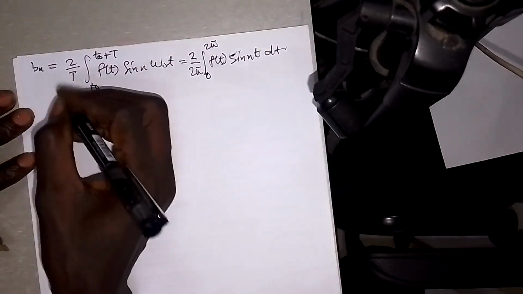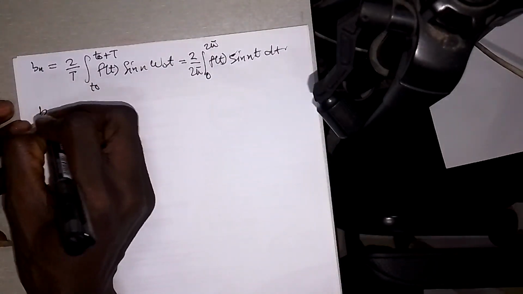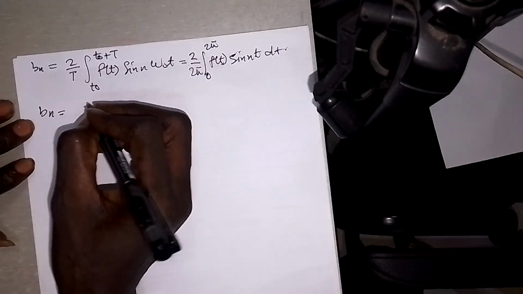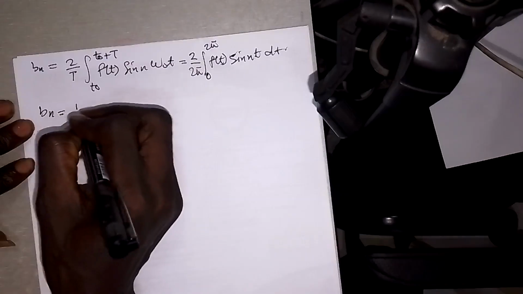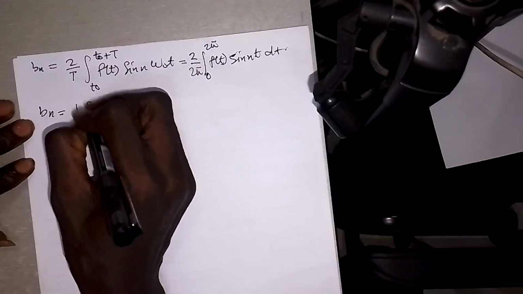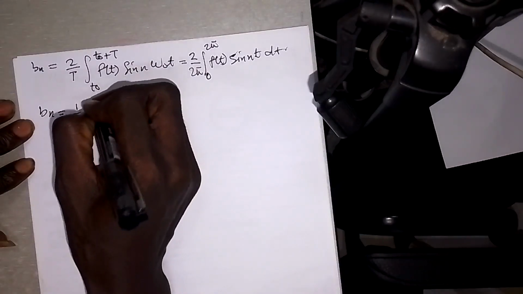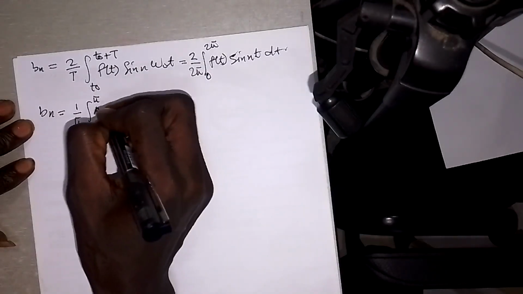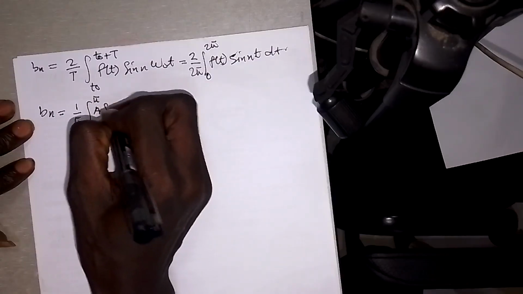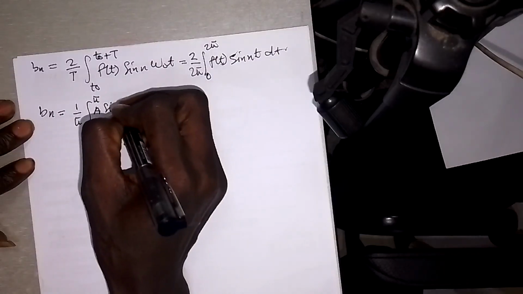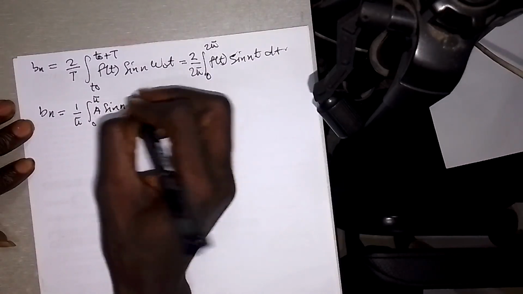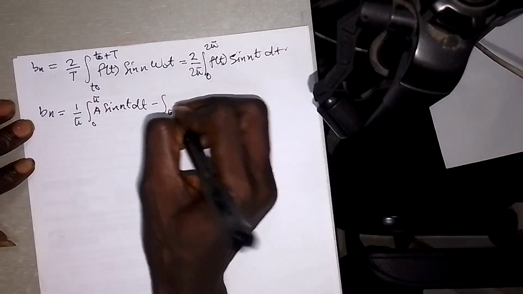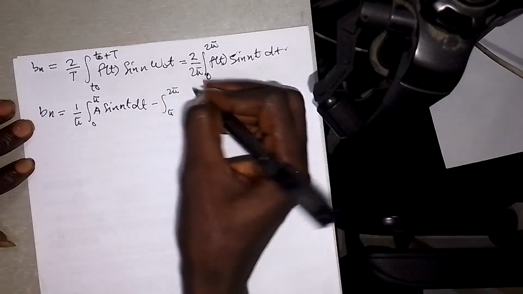Alright, so now from here we say that Bn is equals to 1 over pi into the integral from 0 to pi of A sine t sine nt dt, minus the integral from pi to 2 pi.